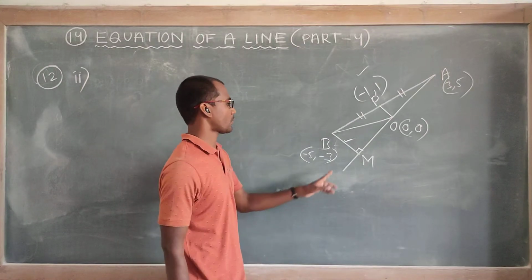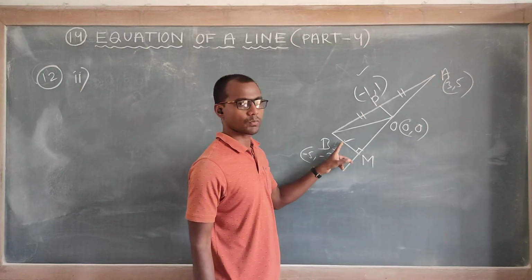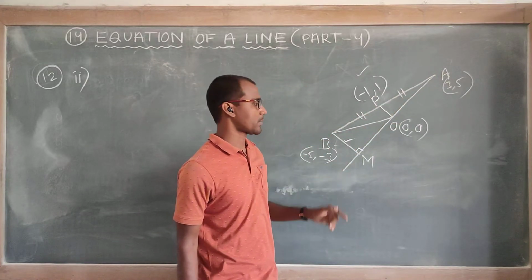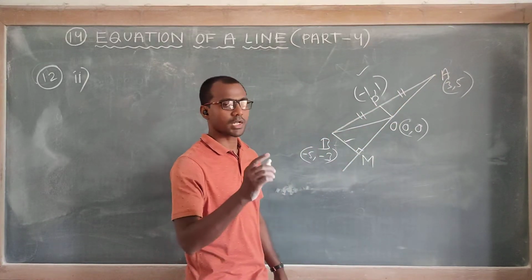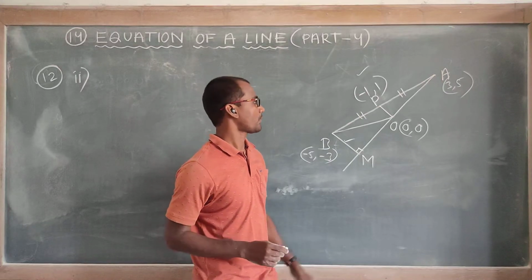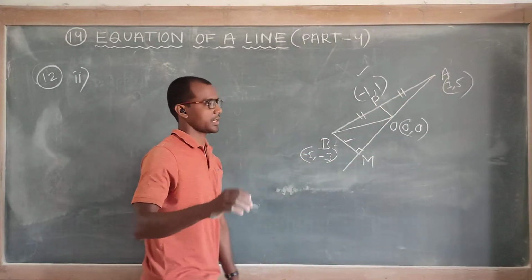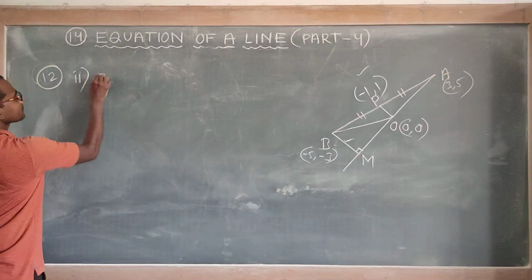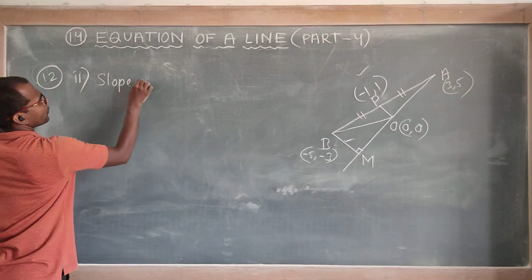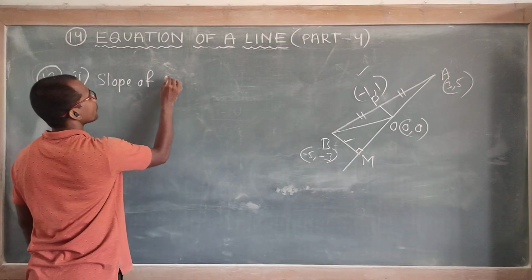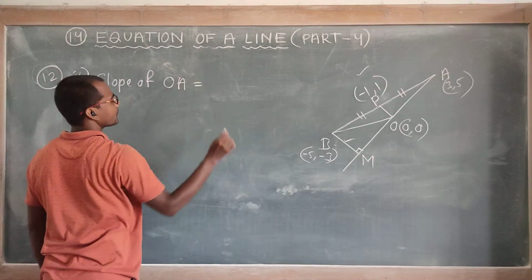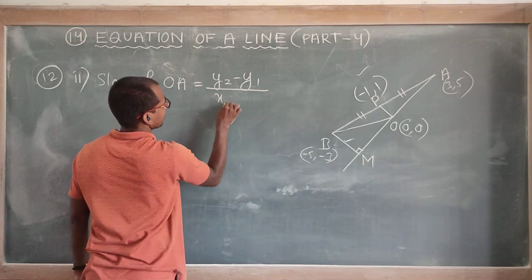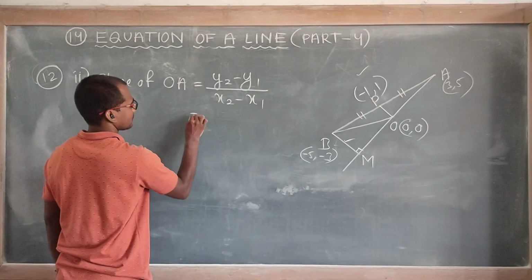How to get the slope of this line? I can get the slope of this line from this line because they are perpendicular to each other. So let us first find the slope of this line AO. Slope of OA or AO is equal to y2 minus y1 by x2 minus x1.